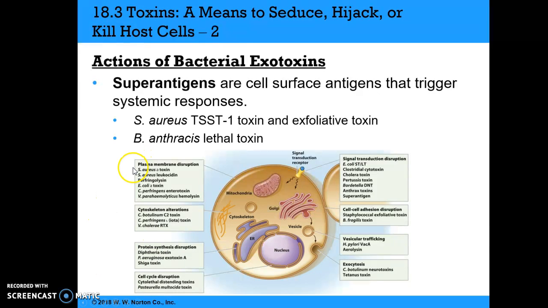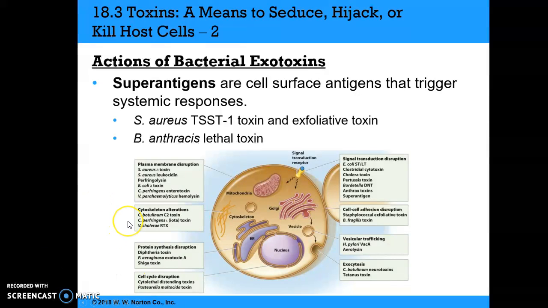For example, the plasma membrane disruption can be affected by Staph aureus alpha toxin, Staph aureus leukocidin, perfringolysin, E. coli alpha toxin, Clostridium perfringens enterotoxin, Vibrio parahaemolyticus hemolysin.